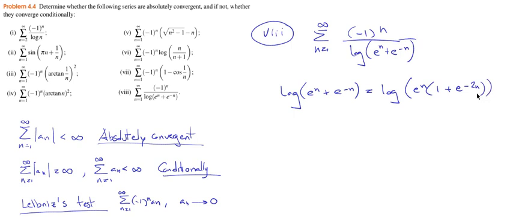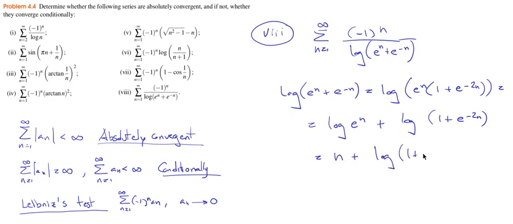So because of the properties of the logarithm, this is the logarithm of e to the n plus the logarithm of 1 plus e to the minus 2n, and so this is equal to n plus the logarithm of 1 plus e to the minus 2n.